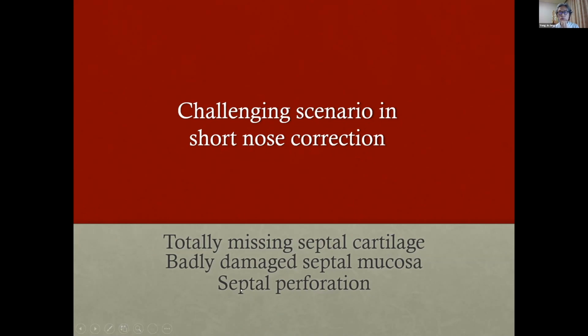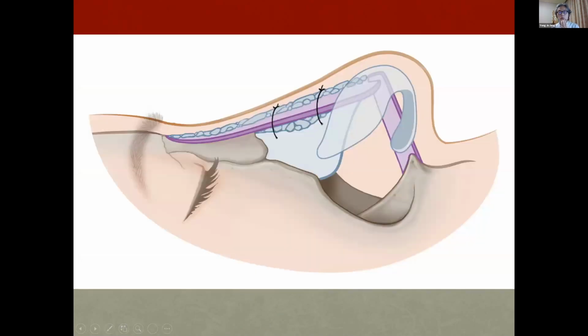We need a different way of elongating and stabilizing the central compartment. So we need to implant an L-shaped implant designed like this. Today I brought two cases who had rhinoplasty done this way.